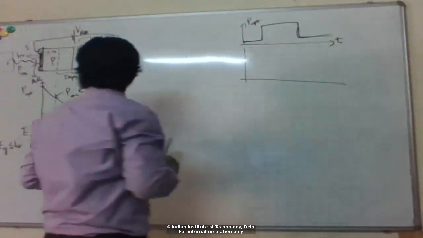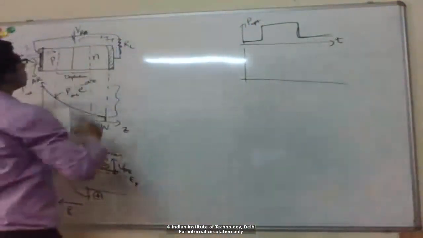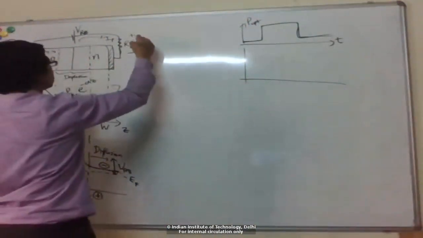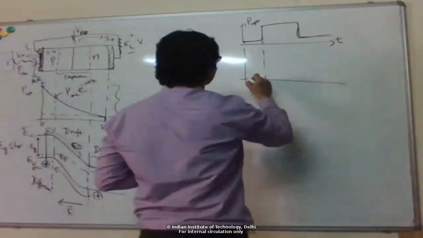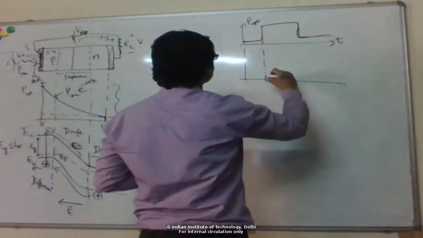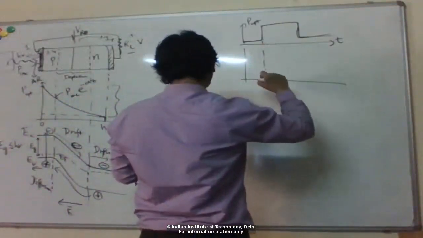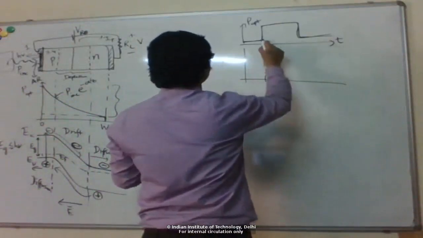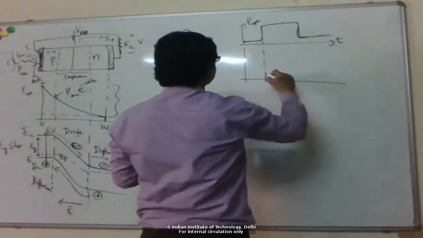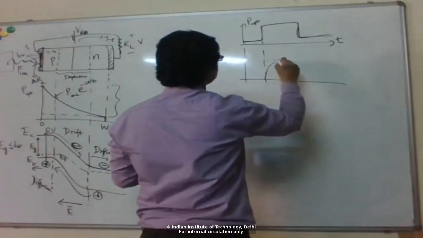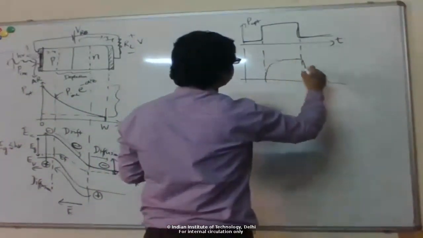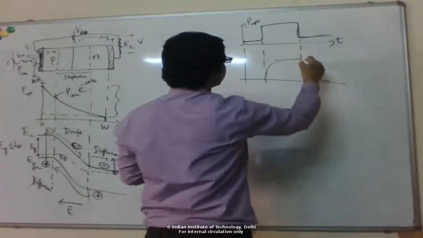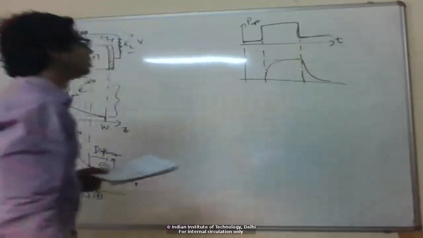So if you look at the photocurrent, or let's say the voltage across this load resistance, right? So it won't, of course, have an immediate jump. There will be some rise time, right? And also when you turn off the optical power, there will be some fall time.